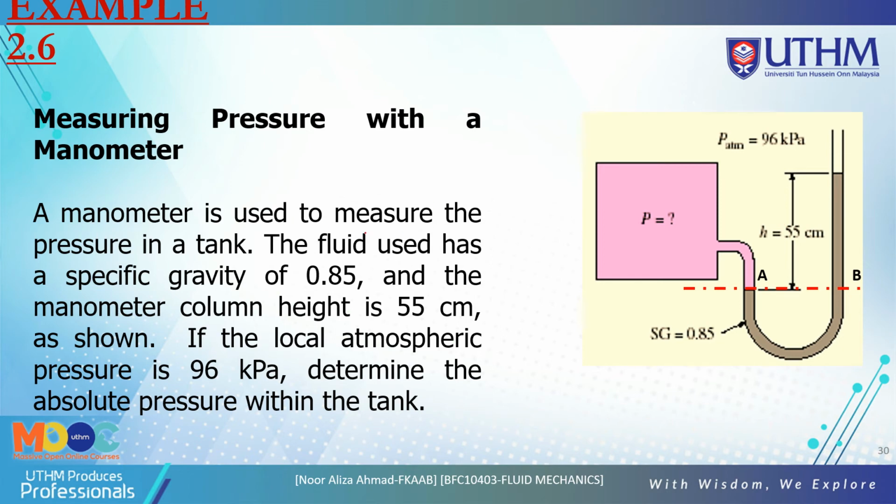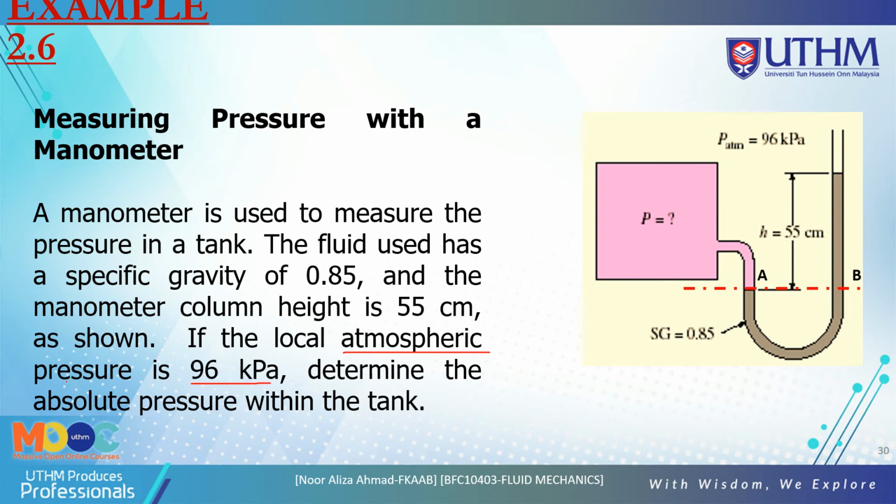A manometer is used to measure the pressure in a tank. The fluid used has a specific gravity of 0.85, and the manometer column height is 55 cm. These questions give you the atmospheric pressure.